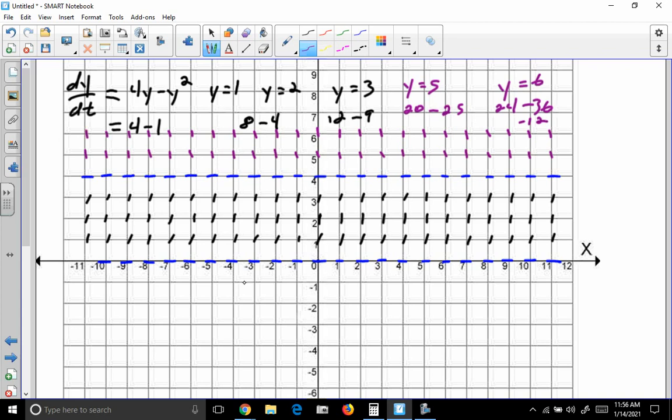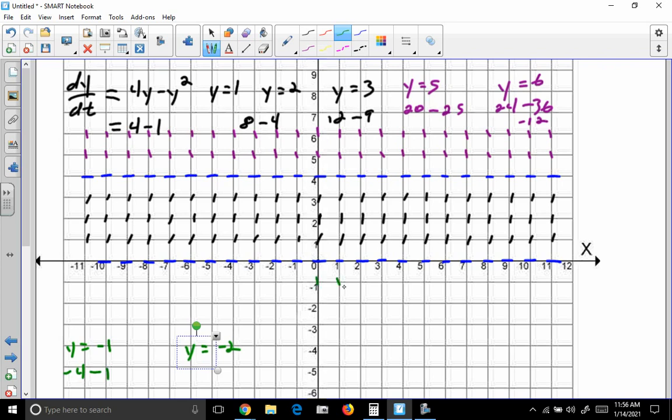And then let's pick some below the bottom dash. So let's pick negative 1 and negative 2. So if we put a negative 1 in, 4 times negative 1 is negative 4. Negative 1 squared is 1, so we get negative 5 here.